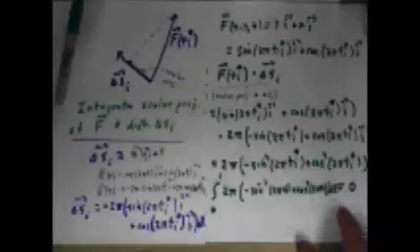By whatever argument, this integral turns out to be 0, and the integral of our function around a circle is 0. And recall that for this function, the curl was 0.